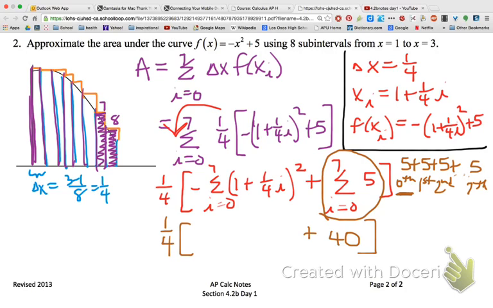And then I'm going to do the same thing on this one. I'm going to sum the sequence and put the negative here in front. And it's 1 plus 1/4 I quantity squared. There's the formula. Oh, I forgot I need an x.